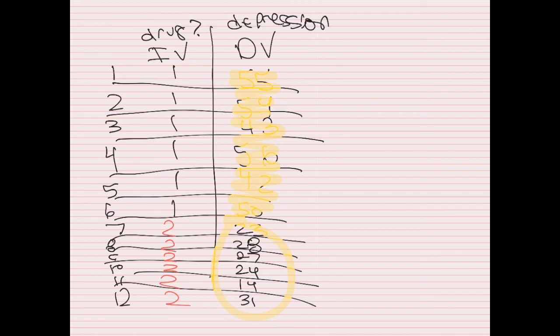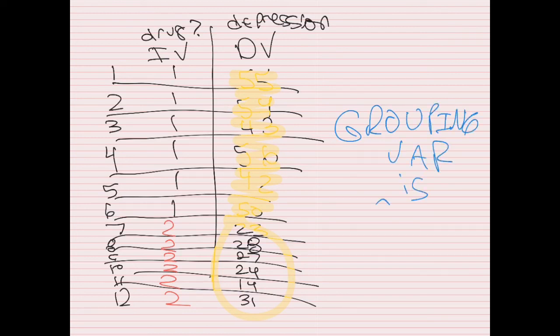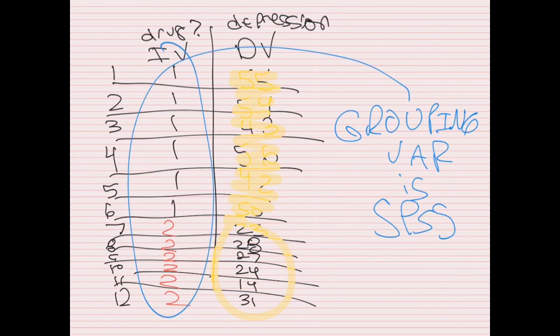And so when you get to the grouping variable in SPSS, this is what they're talking about. It's just your independent variable, and in that little box that you have to fill out, you're just telling it that you need to divide it up into 1s and 2s instead of, say, 0s and 1s or whatever.